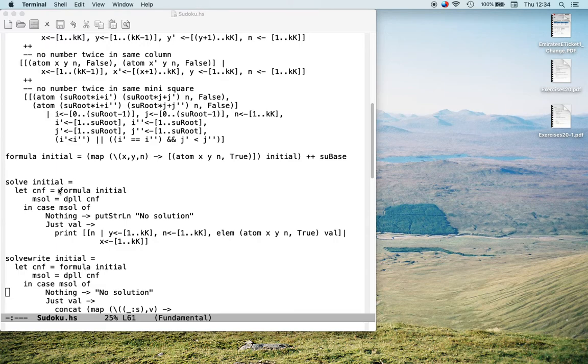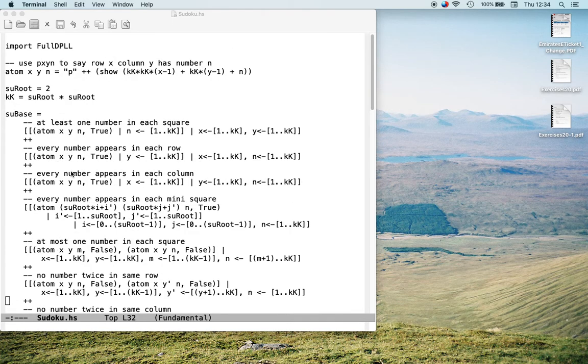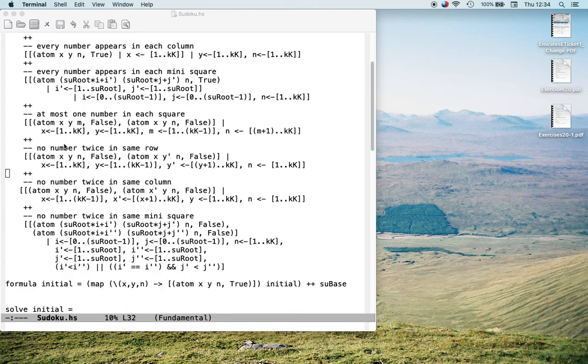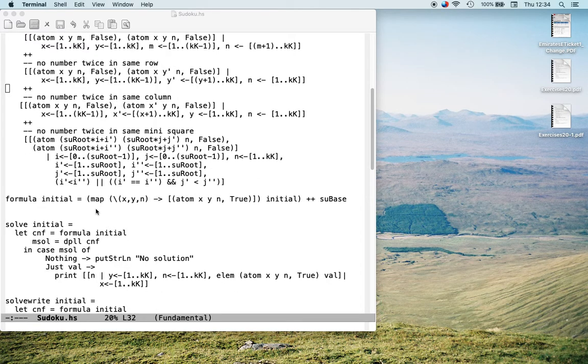So we saw what the list of triples was with these 5 entries for our simple problem. So what we do first is we convert that to a formula in conjunctive normal form. So CNF is my variable for the formula that we get in conjunctive normal form, and that's done using this function here, which is written in rather concise Haskell notation.